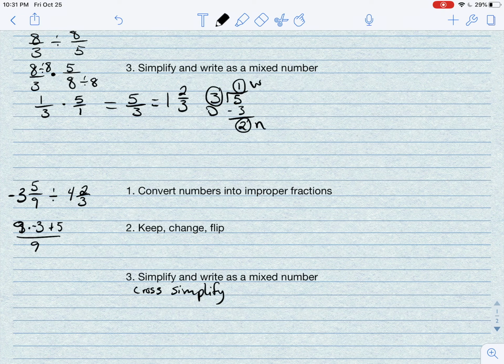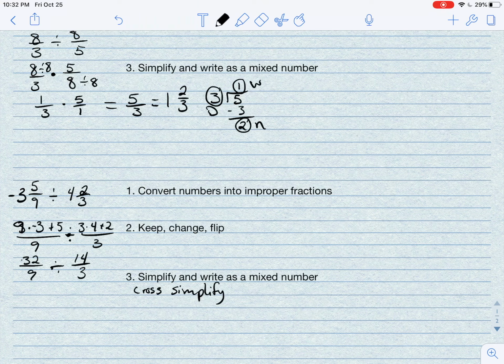That's over 9, and we're multiplying this by 3 times 4 plus 2 over 3. 9 times 3 becomes 27 plus 5 is going to give us 32 ninths. This should be divide here. Divide by, that's 12, 13, 14 thirds.